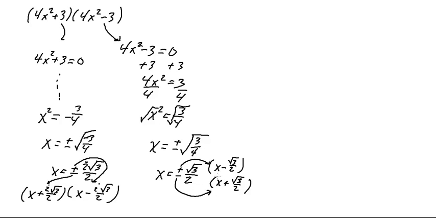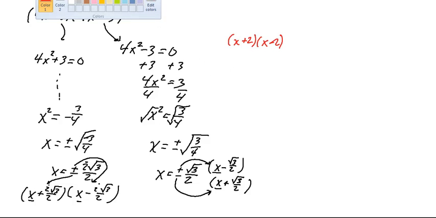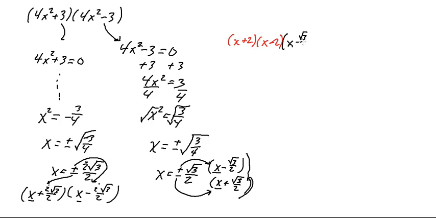Alright, so look. Just an x, just an x, just an x, just an x. So my final factorization from the last page, I found one of the factors was x plus 2, the other factor was x minus 2. And then these two factors here, I had x minus the square root of 3 over 2, x plus the square root of 3 over 2, and now I tack these factors on here.